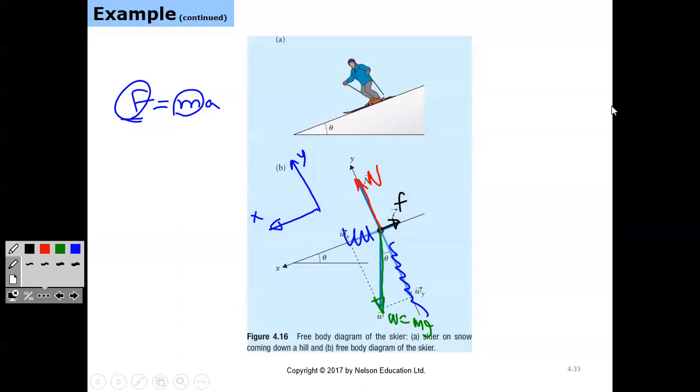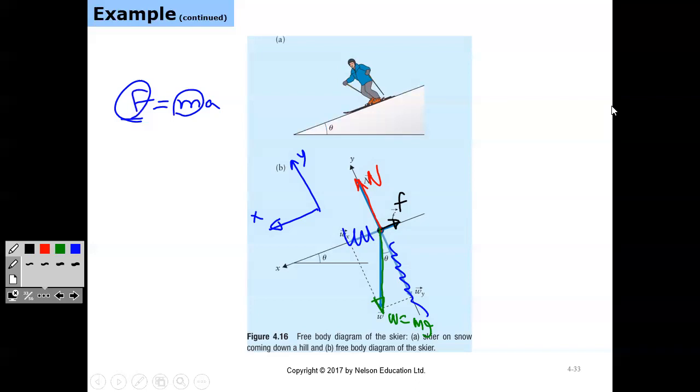We have only three forces: mg, normal force, and friction force. Normal force and friction force are from the incline. mg is from the earth. Forces are interactions, okay? It must be from another material interacting with the skier, right?